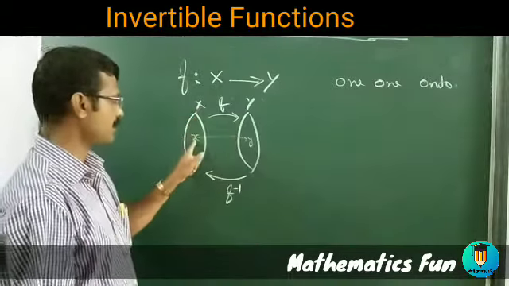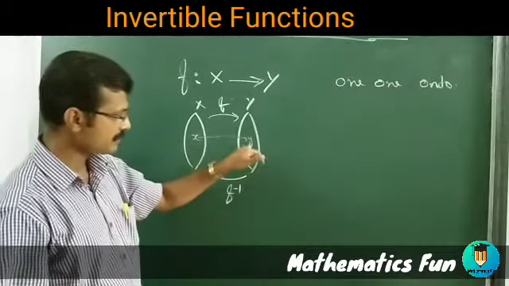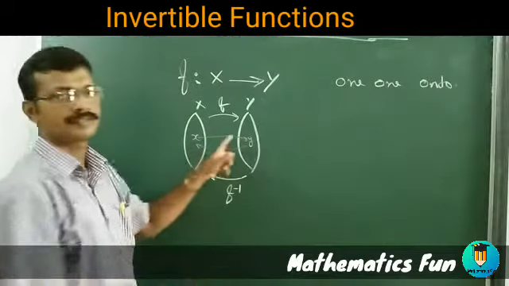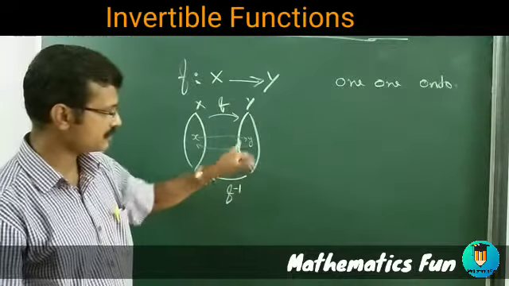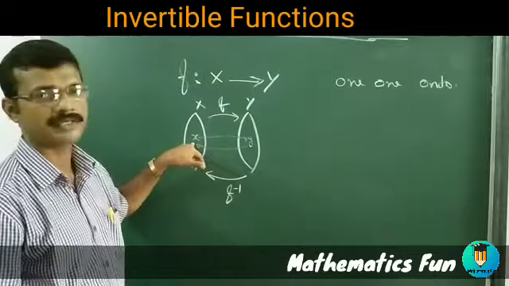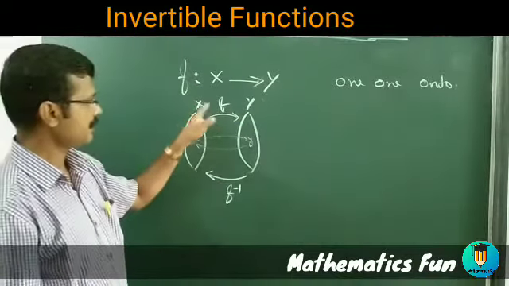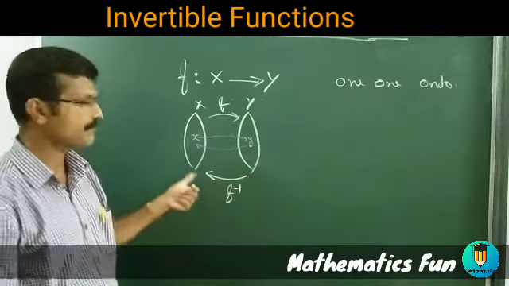If f operates on x, it becomes f(x) equal to y. And if f inverse operates on y, then f inverse of y is equal to x. So this is the corresponding arrow diagram for the inverse function. F is from X to Y, it is one-one and onto, then f inverse is from Y to X.